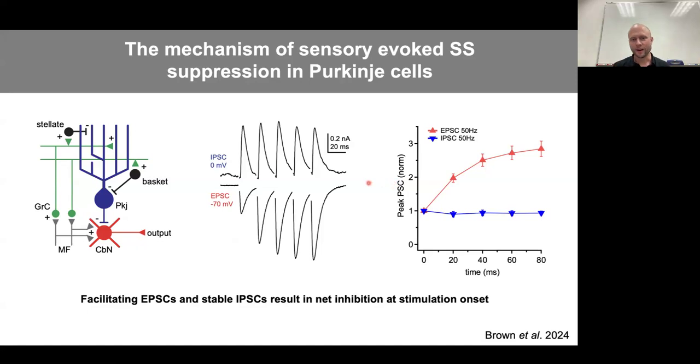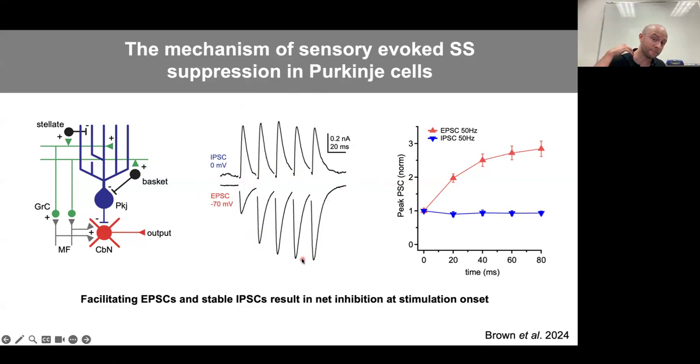For example, if you look at this whole cell recording from a Purkinje cell in slice, where we're stimulating parallel fibers in 50 hertz trains, what you find is that the excitation in a Purkinje cell from the parallel fibers is relatively weak at the first pulse. After multiple pulses, it increases in amplitude.